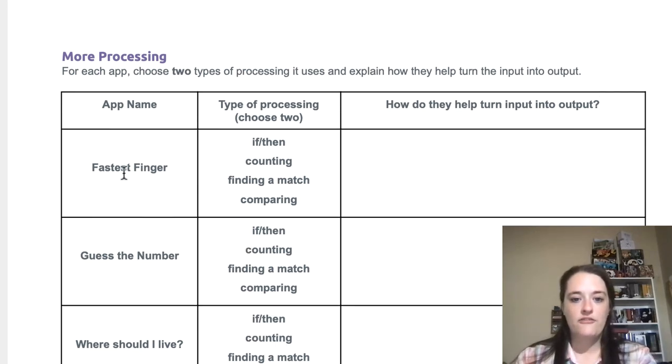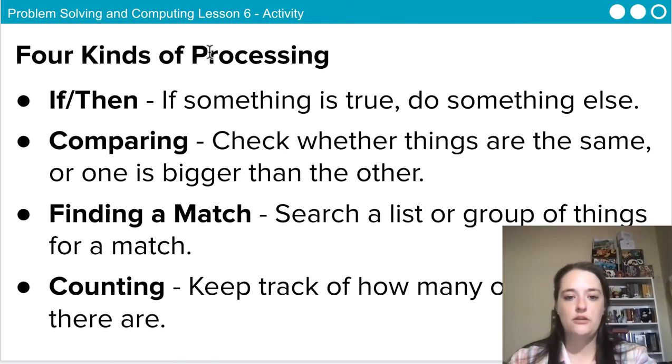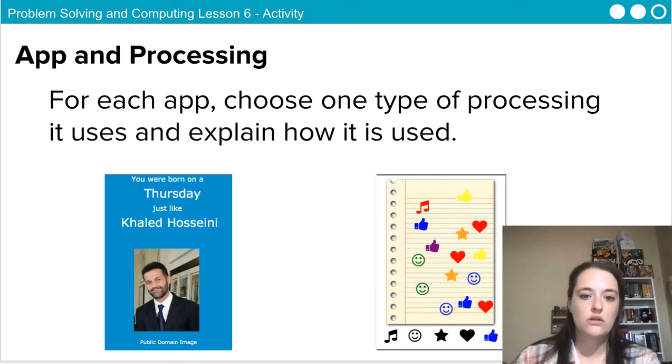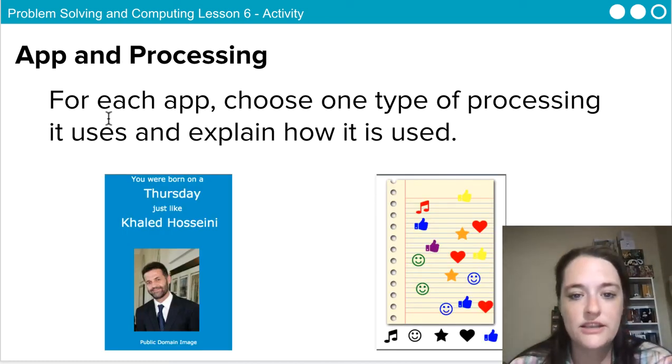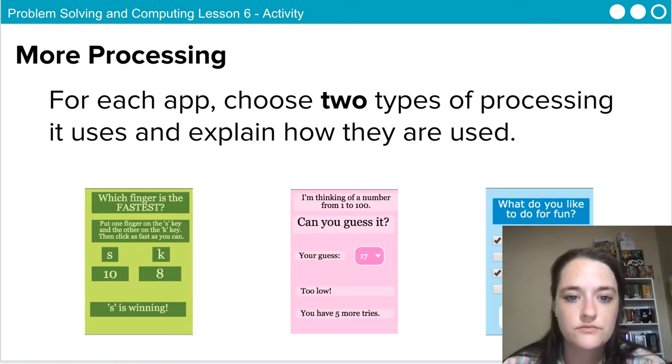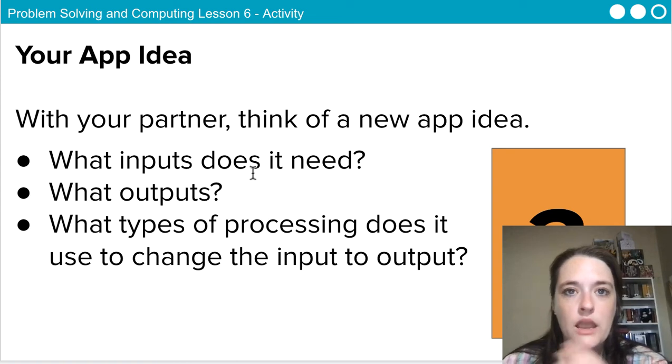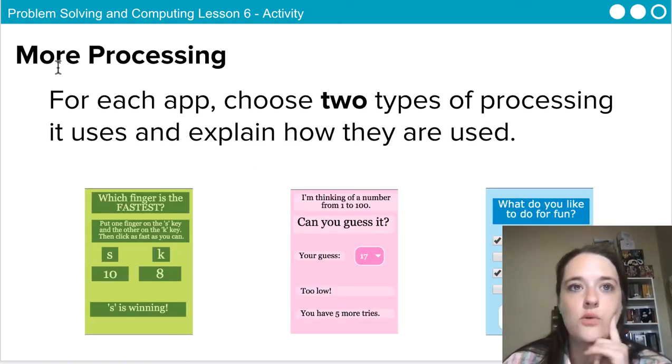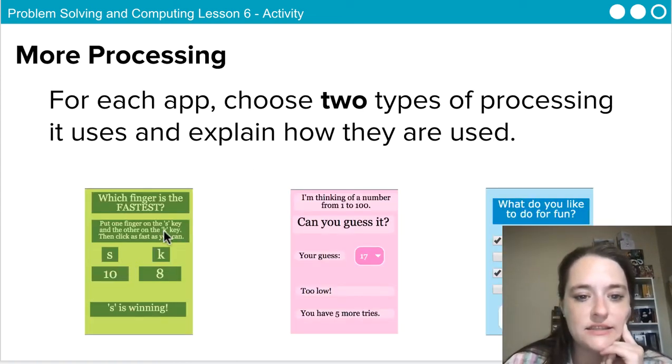All right, the Fastest Finger app. For each app, choose what's being processed and how it is used. There are 2 types of processing, okay? So which finger is the fastest?